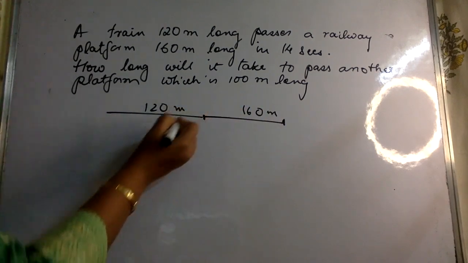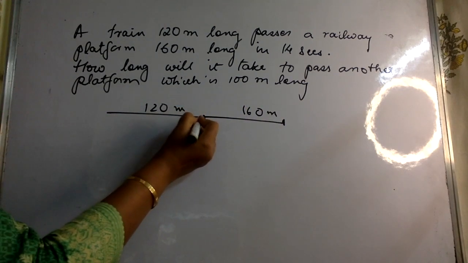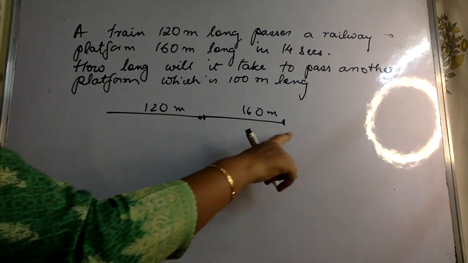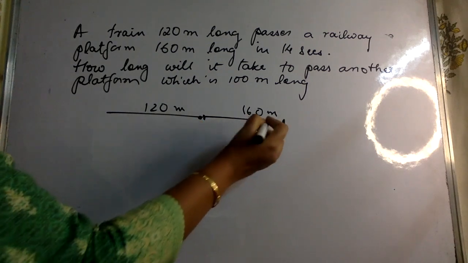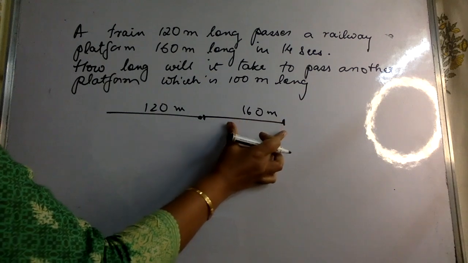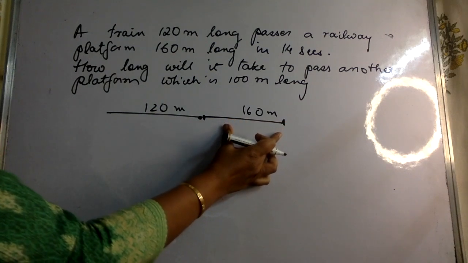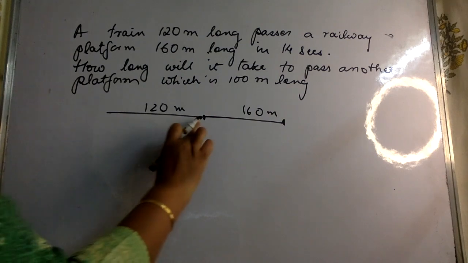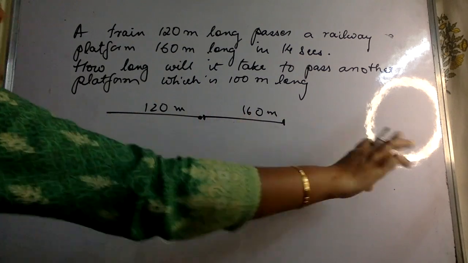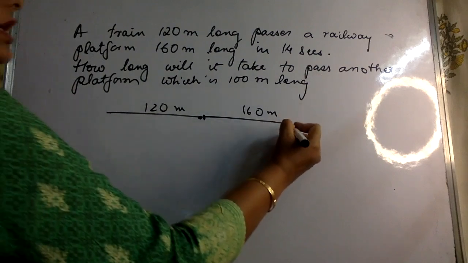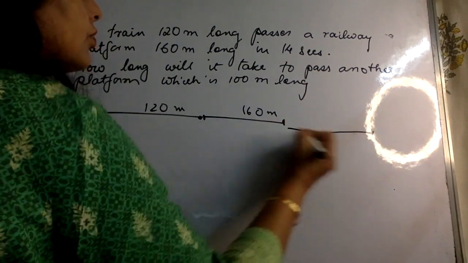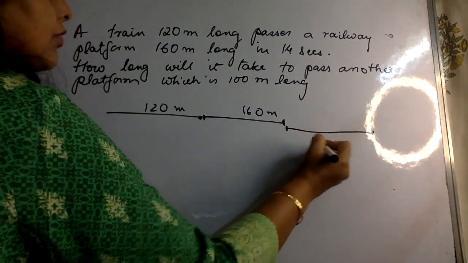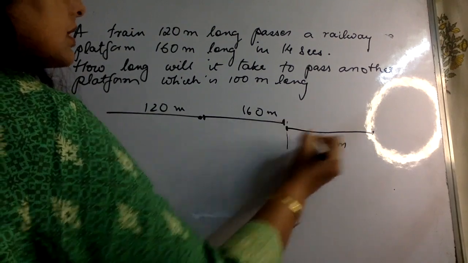The engine of the train has to cross the platform, but if it crosses, the train will be partly inside the platform. So to completely cross the platform, it has to pull the last coach out of this end. So the train has to go here, that is, the full 120 meters has to be here.